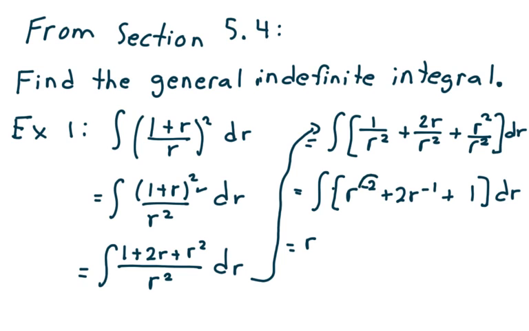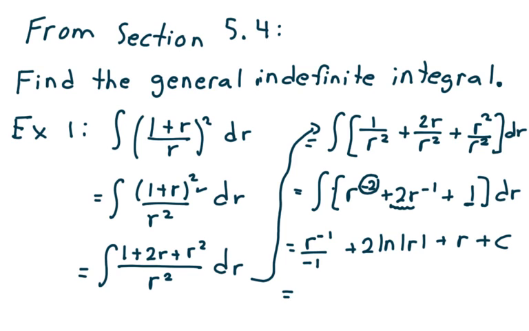If I add 1 to this exponent and then divide by that result, I should get r to the negative 1 over negative 1 plus, now the integral of 2r to the negative 1 is 2 times the natural log of the absolute value of r. The integral of 1 is r, and then you add c.